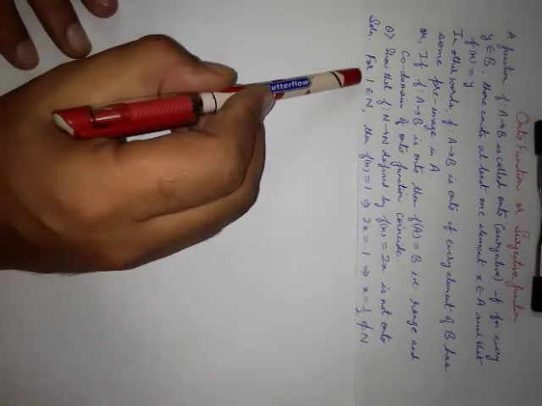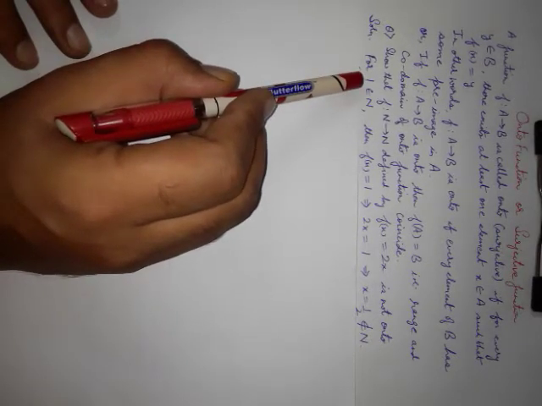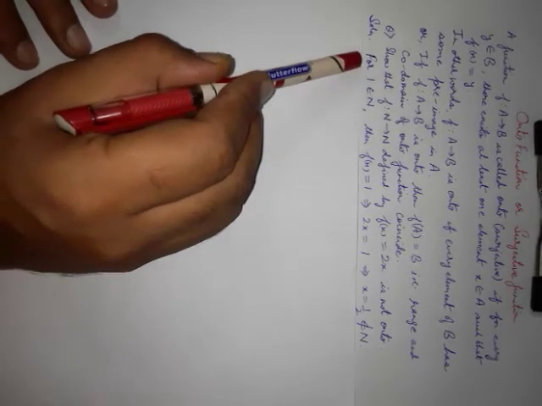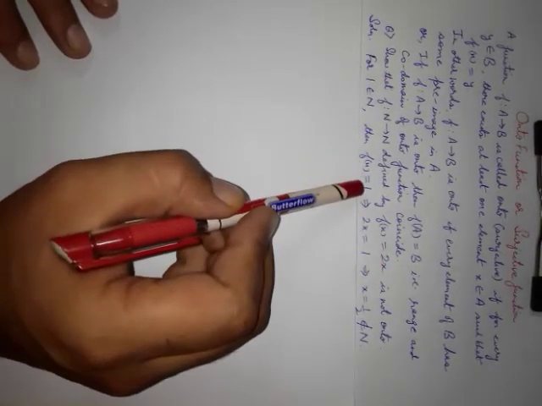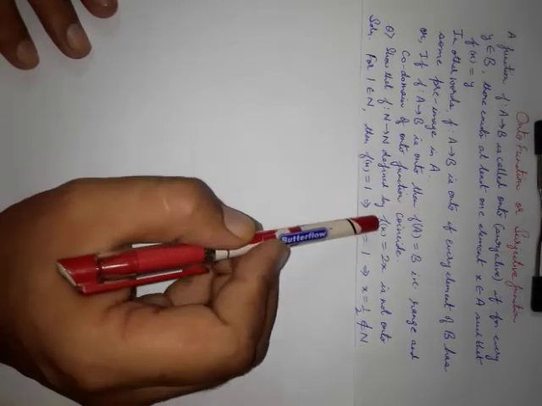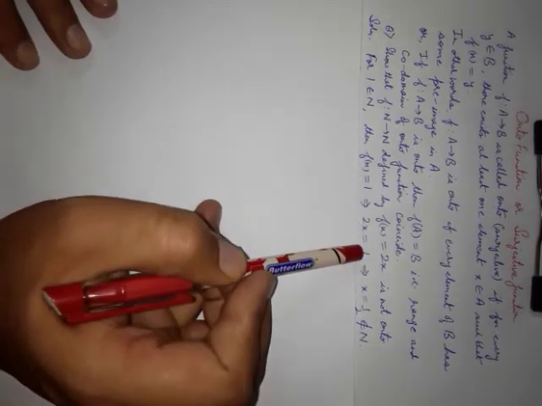Let's take one example: 1 is a natural number, we all know. Now we want to find the pre-image of 1. So if we take 1, then there must be some x such that f of x is equal to 1. If we put the value of f of x, it is equal to 2x. So 2x must be equal to 1.